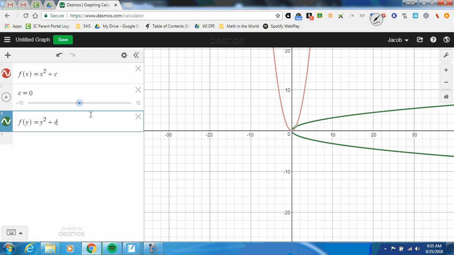Well, it's funny you say that. If this was a function with respect to x, if this was f of x, would it be a function? No, but is it a function with respect to x? It's a function with respect to y, right? So for any value of y, do I get more than one value of my function?